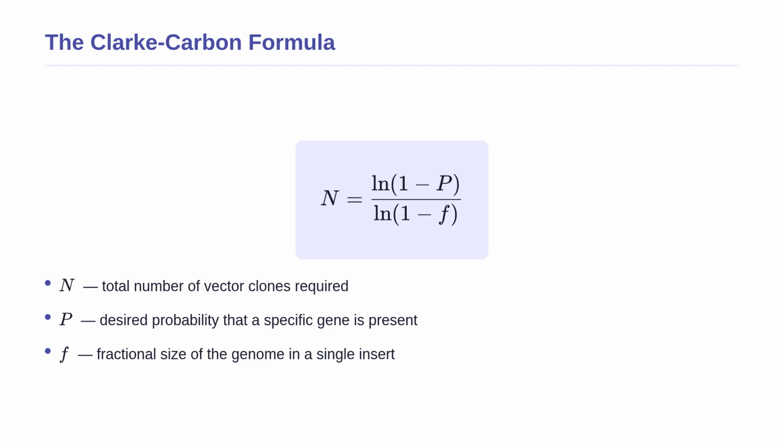The symbol P stands for your desired probability that any specific gene is present, usually set very high, such as 99%. The variable f represents the fractional size of the genome contained in a single vector insert. If you want a higher probability P, the required number of clones N increases dramatically because achieving absolute certainty requires vastly more samples.